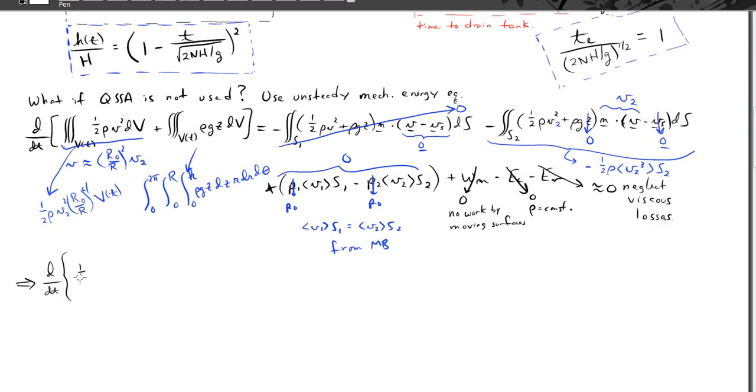So we get 1/2 rho V2 squared, r0 over R to the 4th, multiplied by the volume, which is pi R squared times h, plus the potential energy in the system, which is pi R squared times 1/2 rho g h squared.